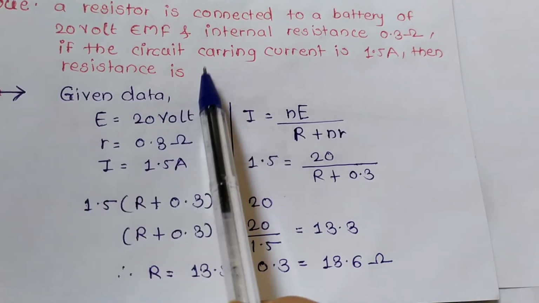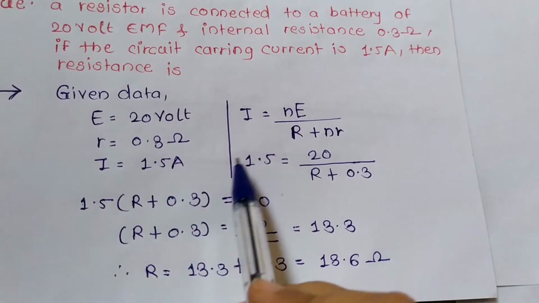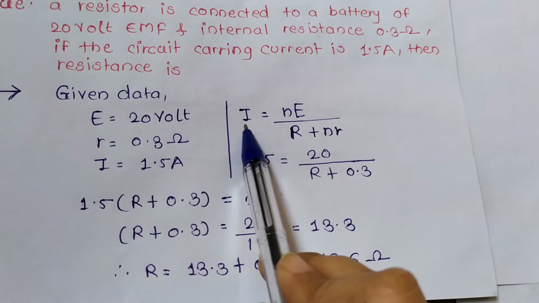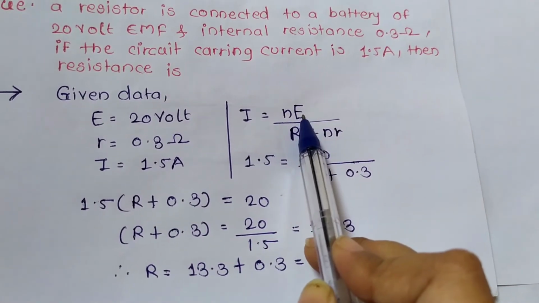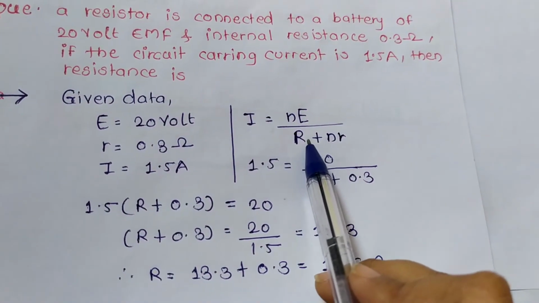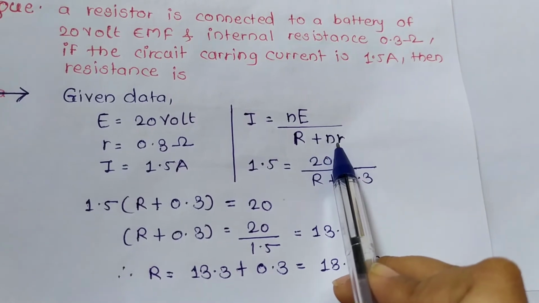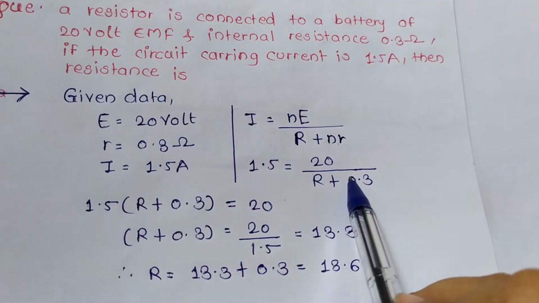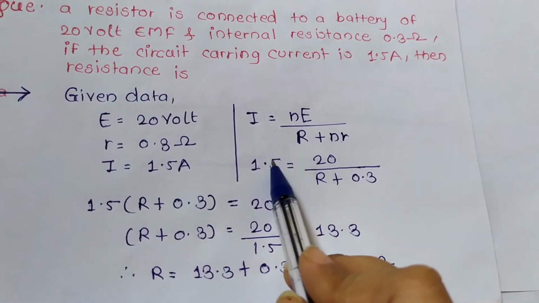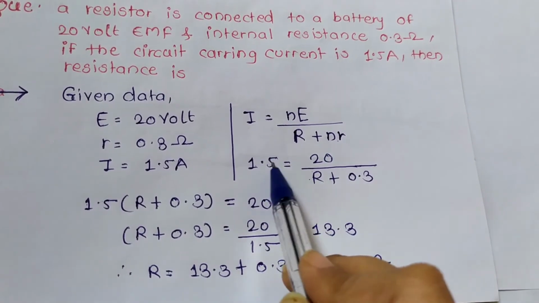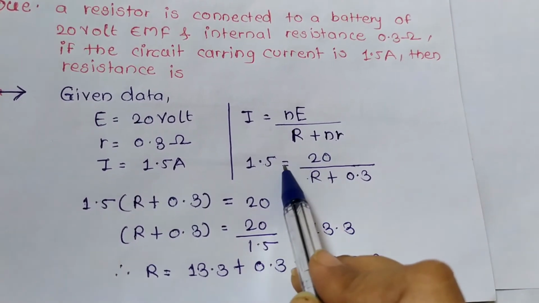Series combinations, hence we have the formula I is equal to n into e upon R plus n into r. Put all the values, then multiply these two terms, and we get the equation equal to 20.